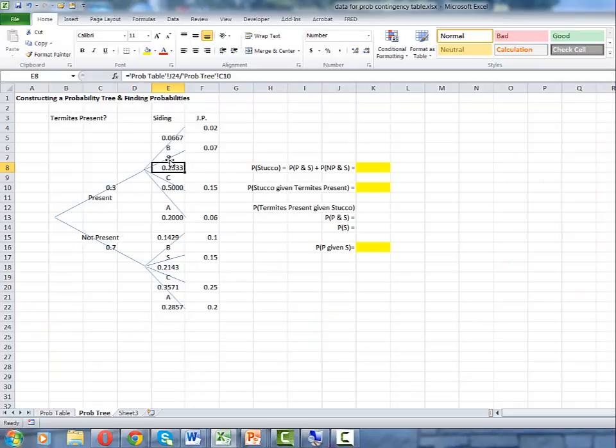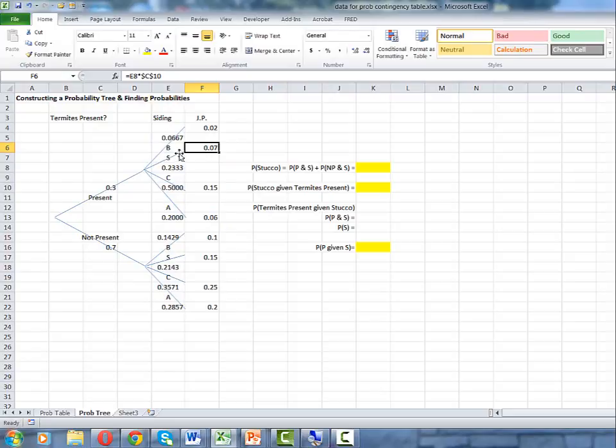And then what I do is I multiply these out right here. And so I'm multiplying through here to get my joint probabilities. And here's another joint probability. So I'm multiplying through these set of branches. And so that's what all these values represent, is just multiplying through the branches. And so I have my joint probabilities out here and my conditionals.